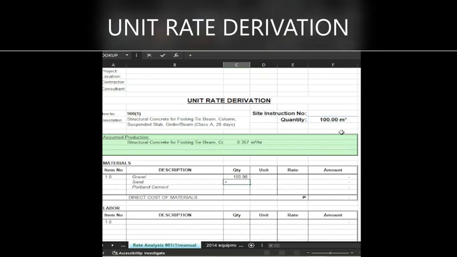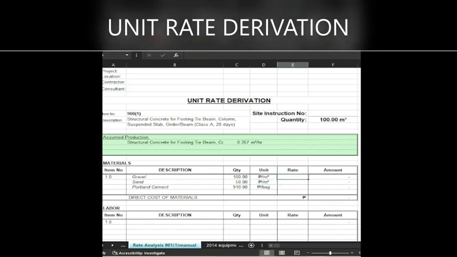Then this one is 0.5 for every cubic meter. Then we have 9.1 bags of cement for every cubic meter, so we'll multiply this one. So the unit is peso per cubic meter. Then this one is per bag.